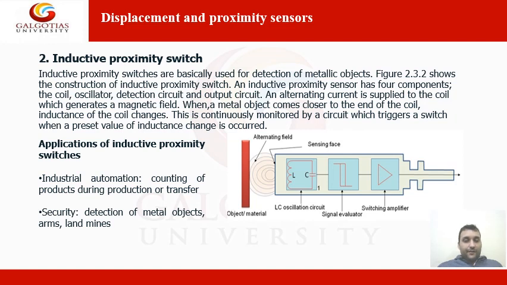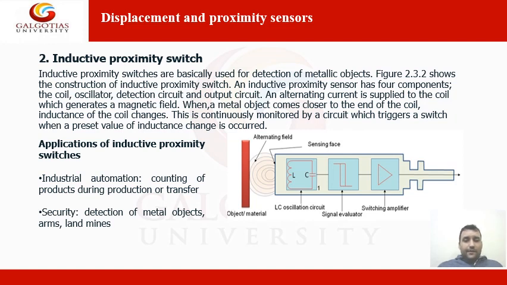When the magnetic field is generated across this LC oscillation circuit and the object comes closer, the inductance changes. So this LC oscillation circuit gives the output to the signal evaluator. The signal evaluator evaluates this signal against a preset value.